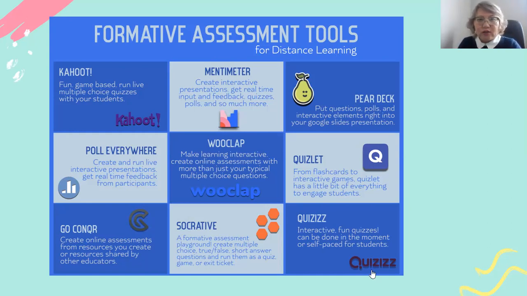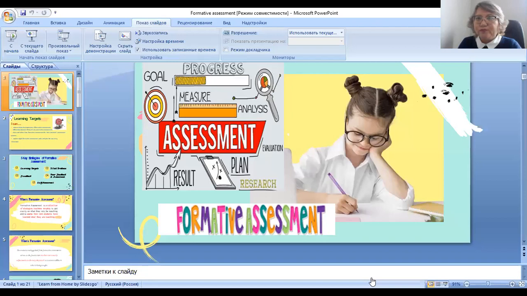Of course, I would like to show you. Maybe you know this website. It's called ISL Collective, and you can use grammar worksheets according to the grammar material: adjectives, clauses, comparison, conditionals, and so on.